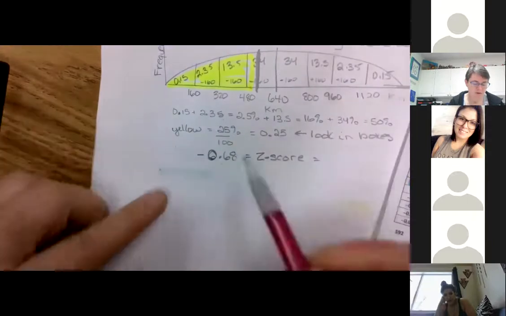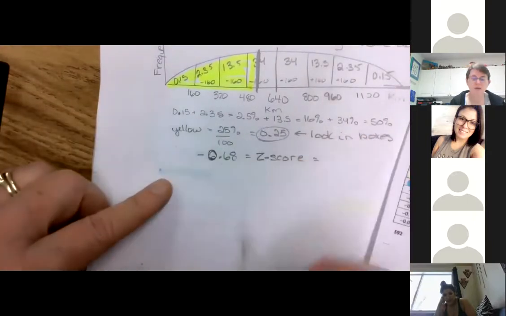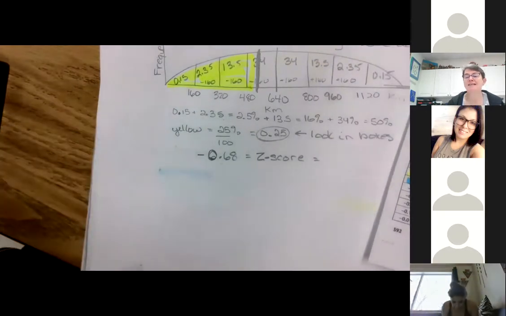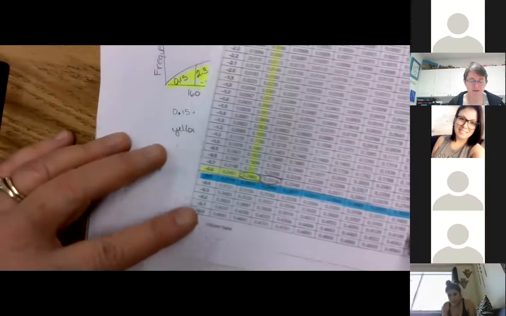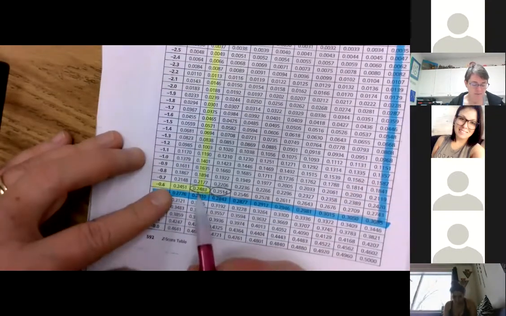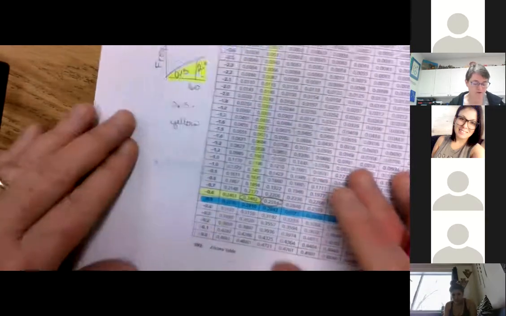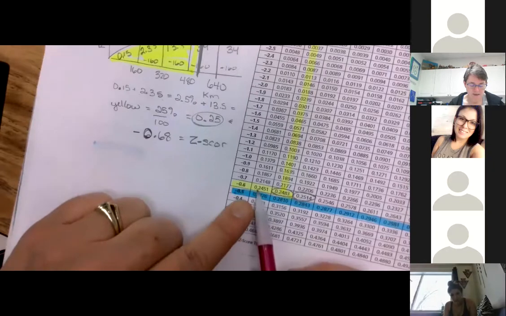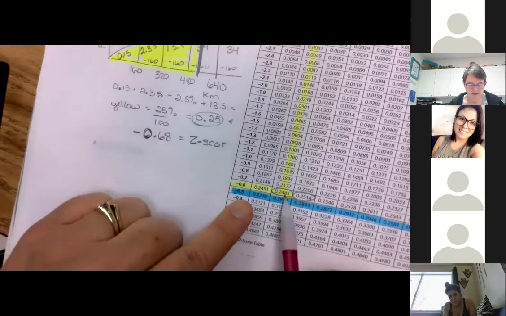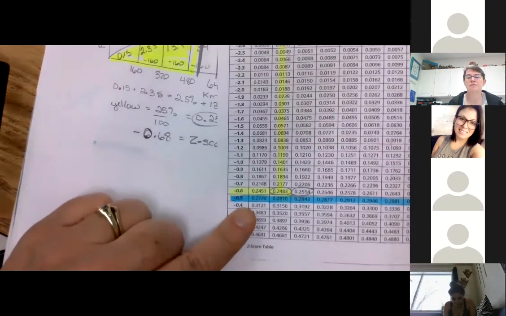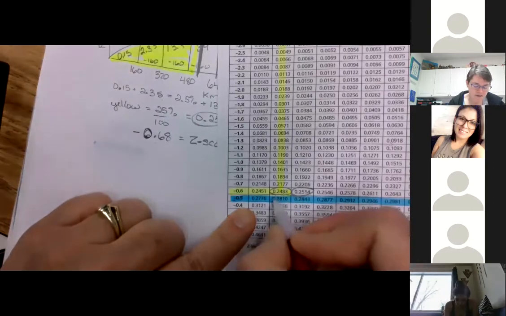So let's start again. We are looking for a number close to 0.25. And I think when I do this on the test, I will just make it exactly one of the numbers to make our life easy. So I'm looking in all my little boxes, and I want the number that's closest to 0.25. So I got 0.2451, and I got 0.2483, and then I'm too big. So this is the number I want.